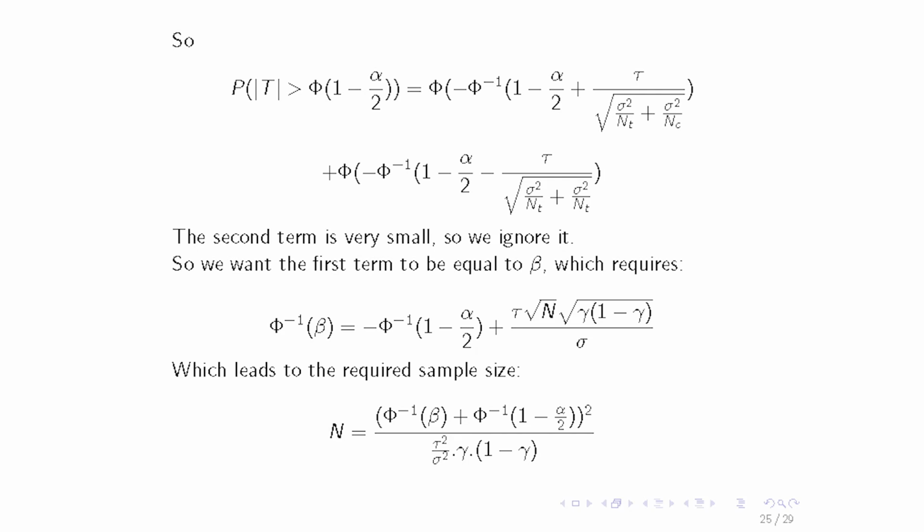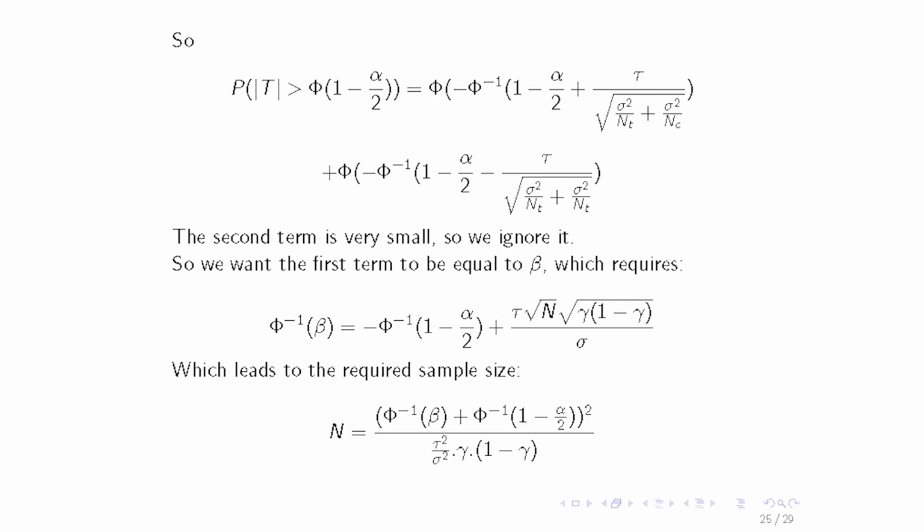So we want the first term, the one above, to be equal to beta. So Phi of minus Phi inverse and so on equals beta requires that Phi inverse of beta is equal to what's inside the argument. And all we need is to rearrange now to get the sample size as this formula.